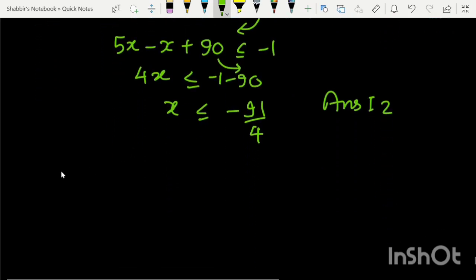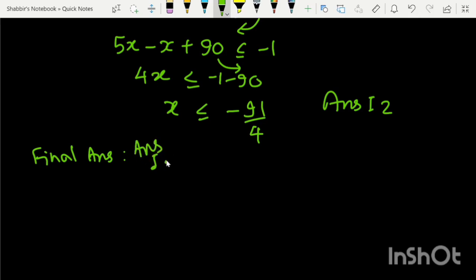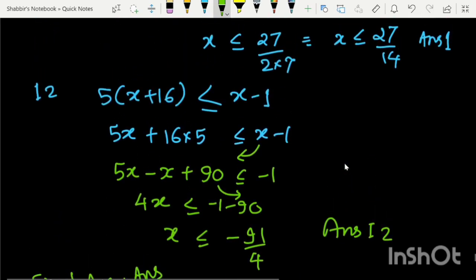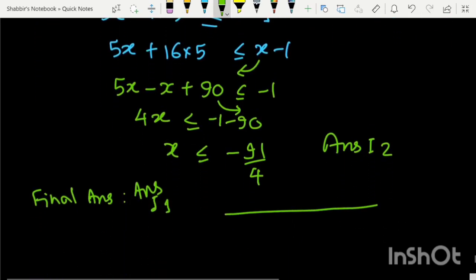Now the final answer is the intersection, because the question involved a comma, the intersection of these two. So I1, answer of I1, I will directly plot. It is less than or equal to 27 by 14, which is a positive quantity, 27 by 14.